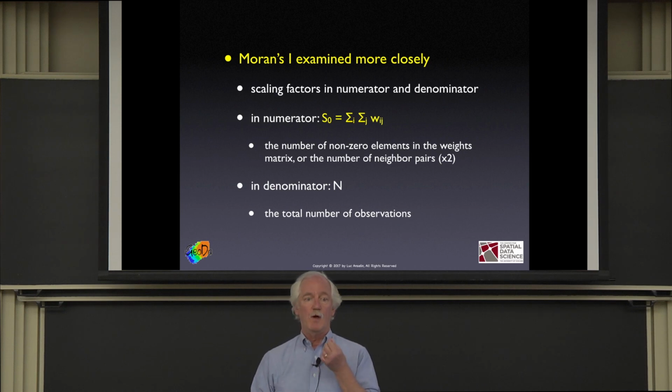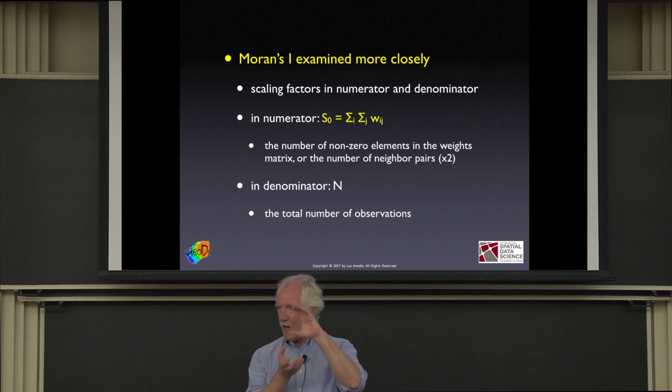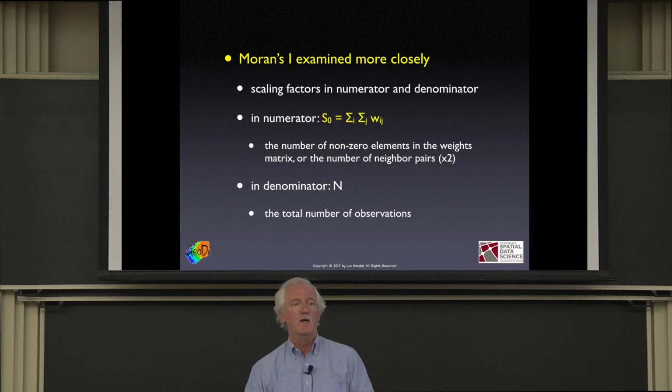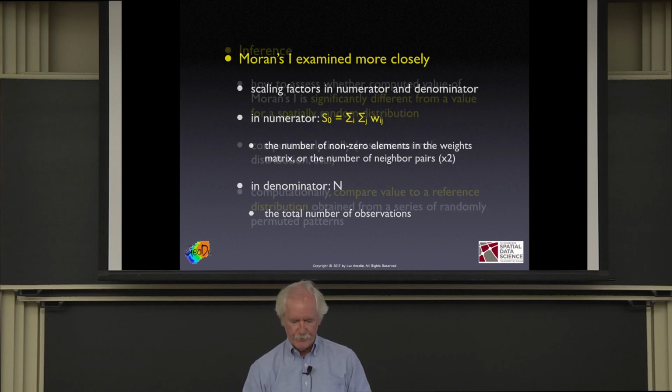So if you sum all the elements of the weights matrix, that in essence counts how many pairs of neighbors there are. So we adjust the numerator by that to take the scale out. We adjust the denominator by n to end up with a measure of variance. So the ratio of these two is a measure of correlation.